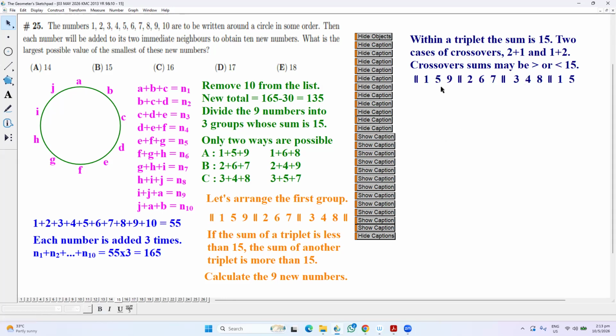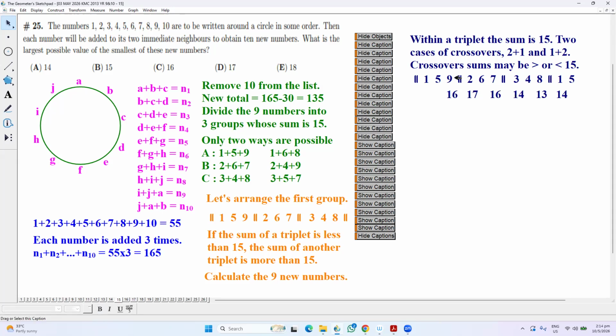This is the number. We calculate the new numbers, crossover only. Within the border 15, 15, 15, no need to calculate already. So 3, 6, 9, and then cycle back at 1 and 5. So we do the crossover. 2 plus 1 first.